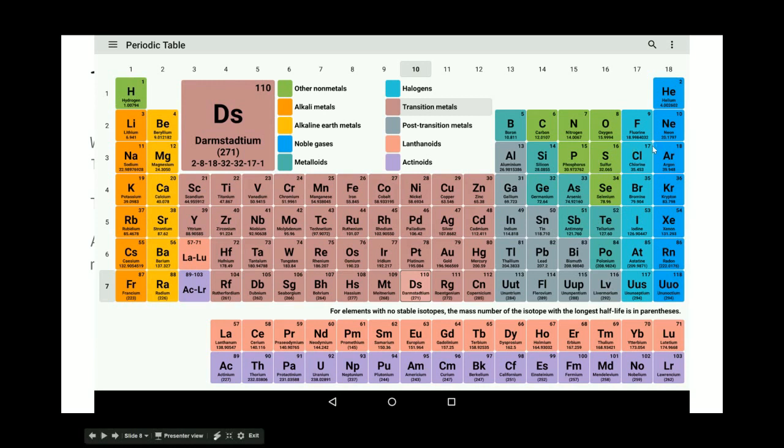Whereas for the halogens and the noble gases, the alkali and the alkaline earth, those do definitely have common properties in that way.